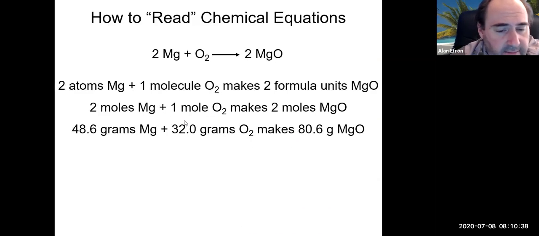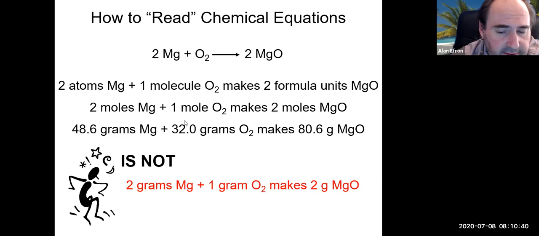Now, another important relationship that we see when we look at a chemical reaction is a way that we can read it, if you will. There are a couple of different ways that you look at a chemical reaction and understand what all those things mean. When we have a balanced chemical reaction like we see here, we use coefficients to balance those equations, which are the numbers in front.